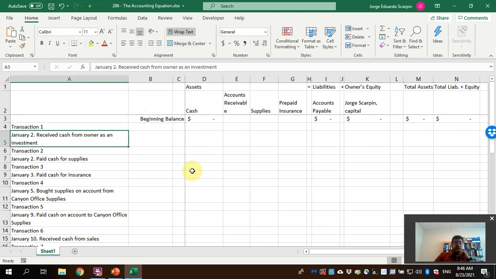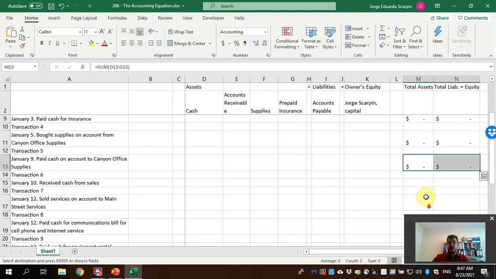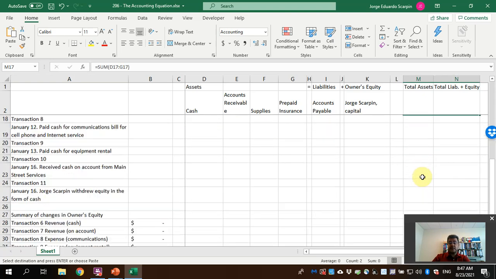Transaction 1, cash, receiving the cash from owner as an investment. And here, let me copy and paste this formula for all of our transactions. Here it is almost a live class. So, okay.